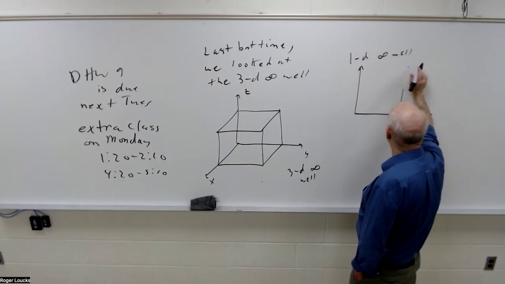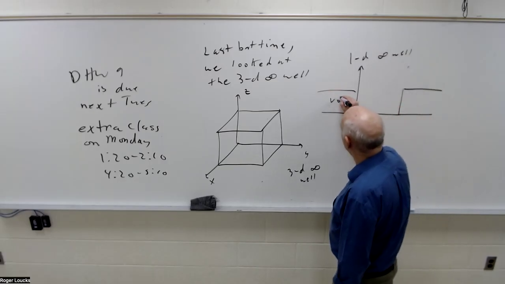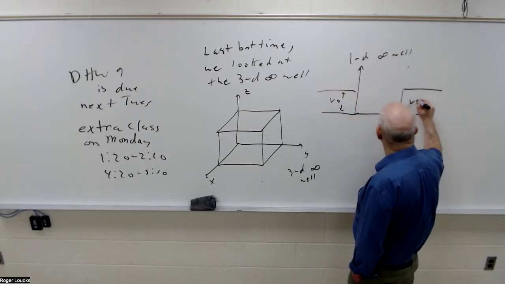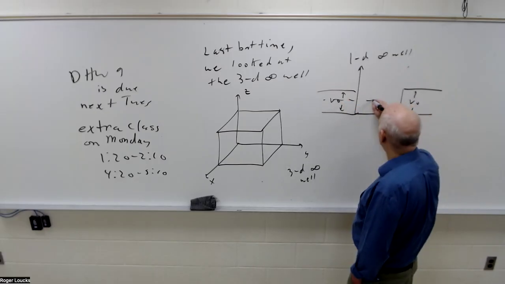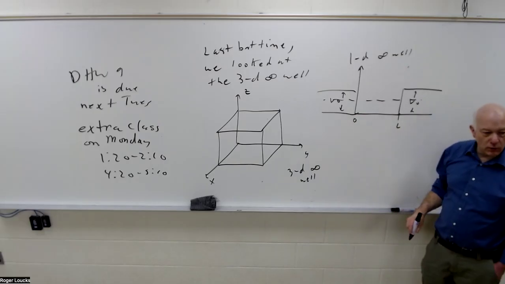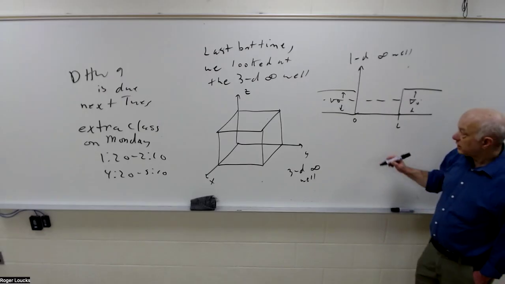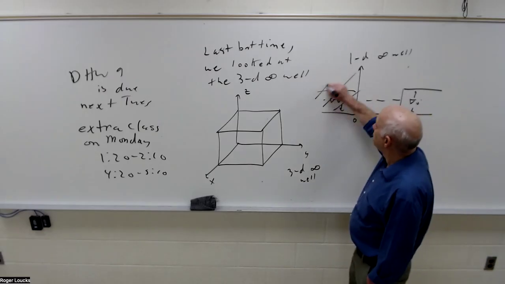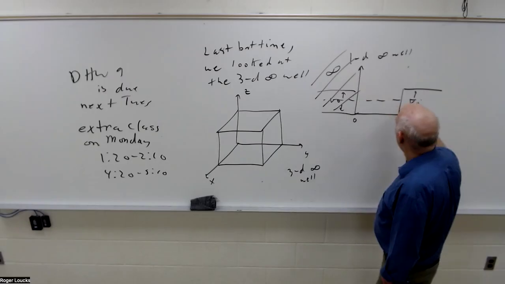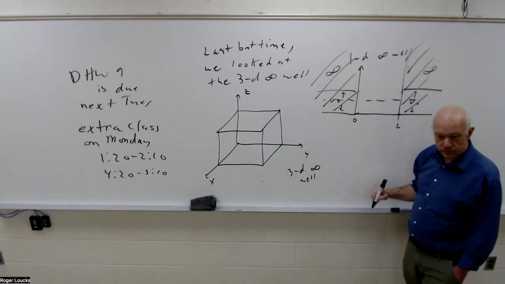Remember what we had here. This is 0. How do we make this an infinite well? What do we do with the V naught values? Yeah, they go off to infinity. So all this now here is going to be infinity, and all this over here, it's going to be infinity.